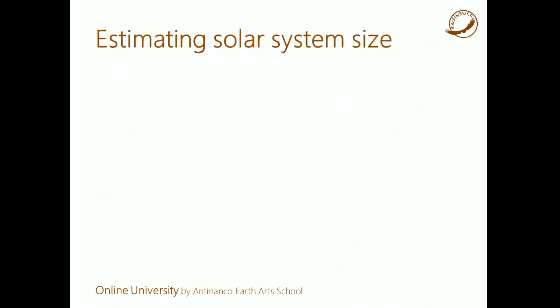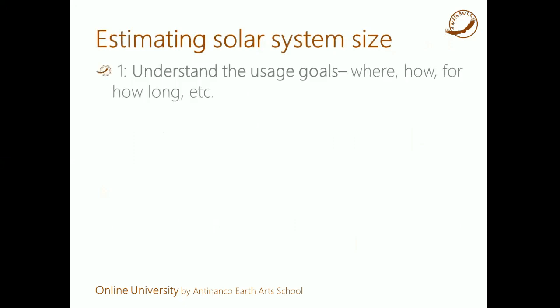The next step in designing your overall off-grid solar system is estimating its size. The first thing is we want to understand the usage goal. How are we going to use it, and for how long? For example, will this be something that will power your house and you live in it?